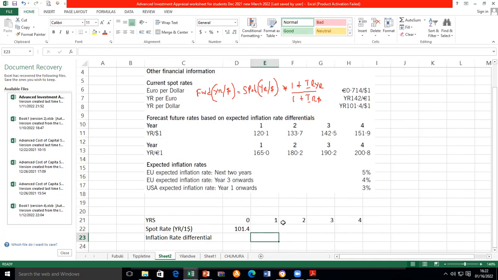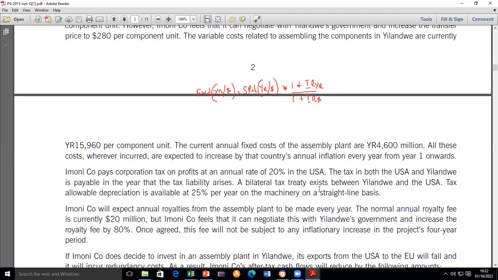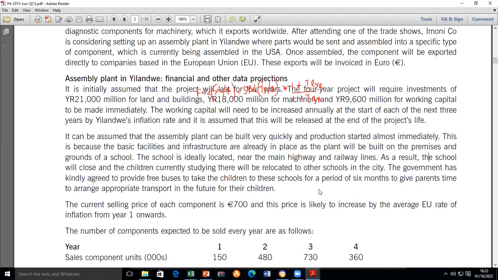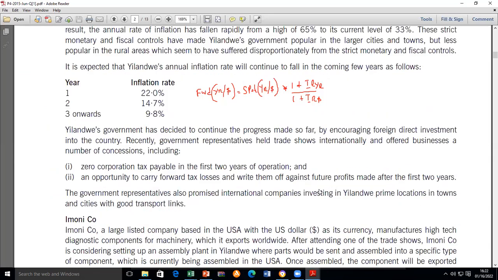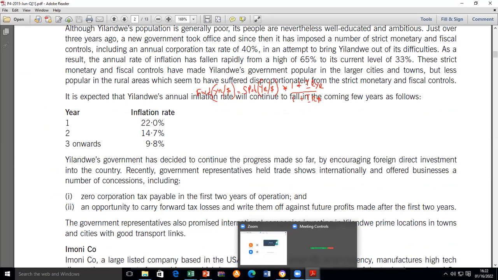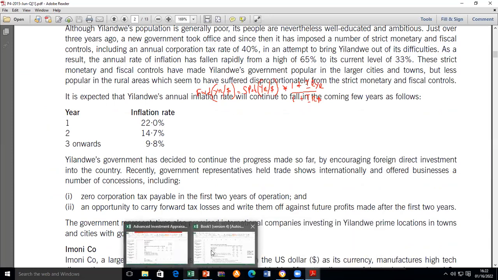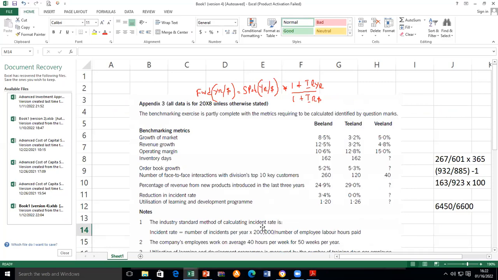Let's go to year one. We look at the inflation rates. Now there's one more inflation rate that we need here. Which inflation rate do we need? We need the local inflation rate. The local inflation rate is here.